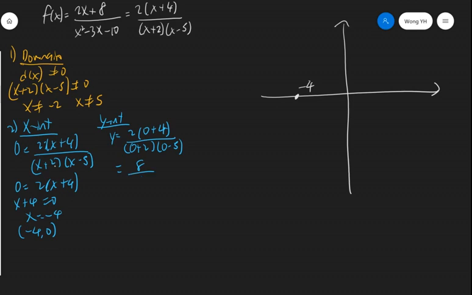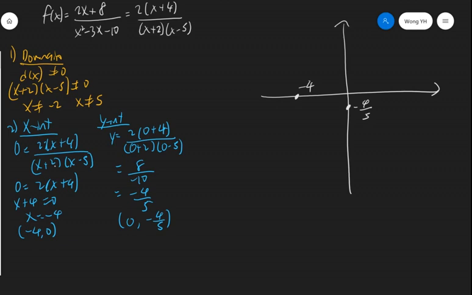Below we get 2 times minus 5, which is minus 10. Simplified, we will get minus 4 over 5. So that will be our y-intercept, (0, -4/5). Put it on the graph as well, somewhere here by estimation.